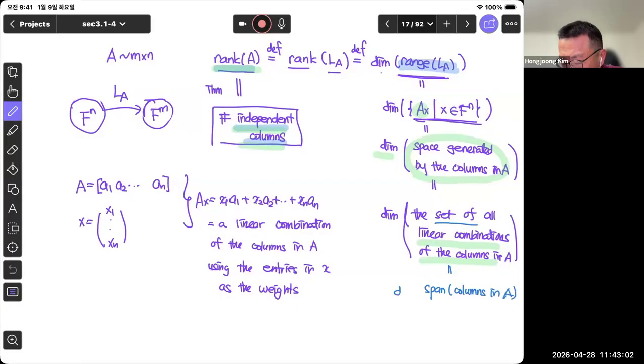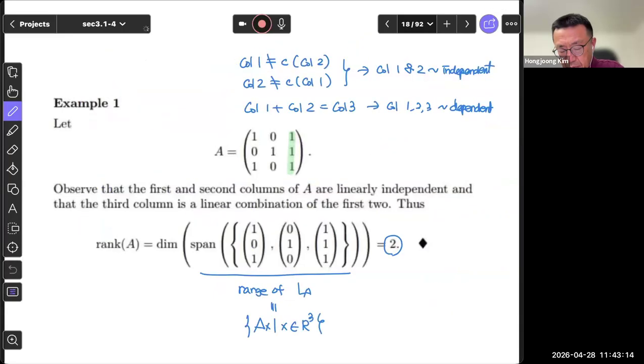So if I consider its dimension, that will be the number of independent columns in A matrix. So rank of A in that sense is 2.